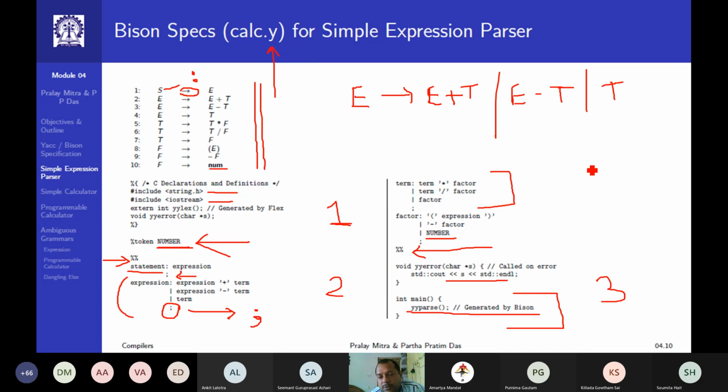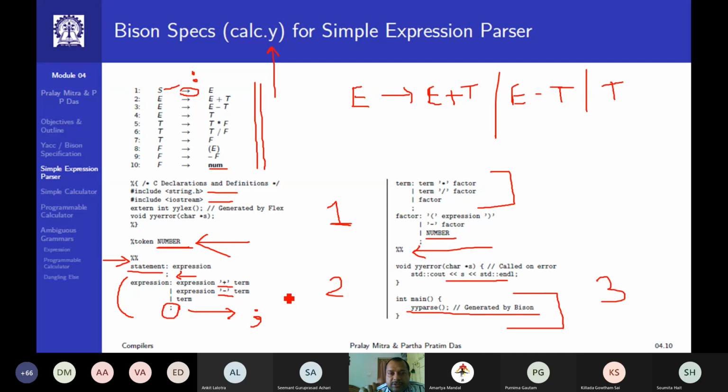You can compile it using a C compiler and you can execute it.